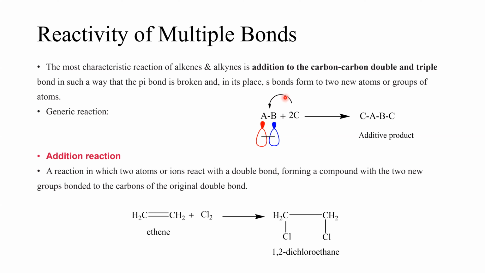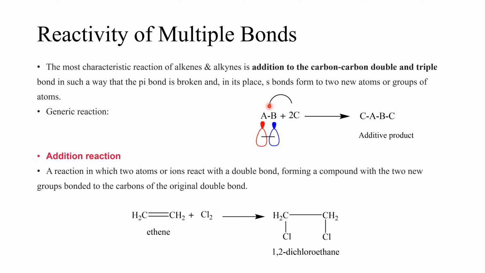So, if there is any reacting molecule, that could be the halogen, that could be hydrogen chloride, that could be the hydrogen, what is happening is that this is adding into that pi bond.